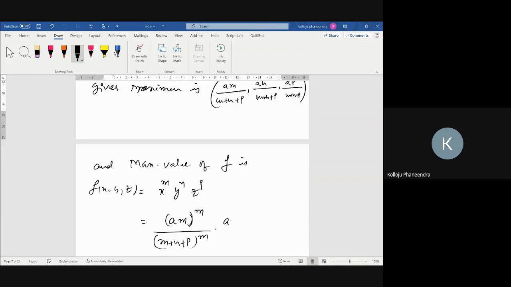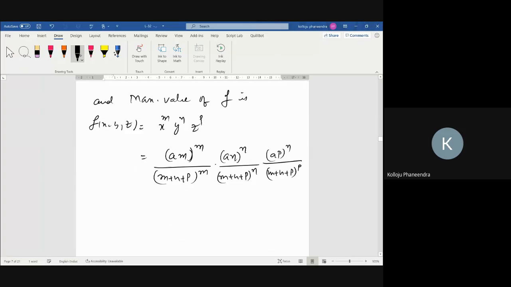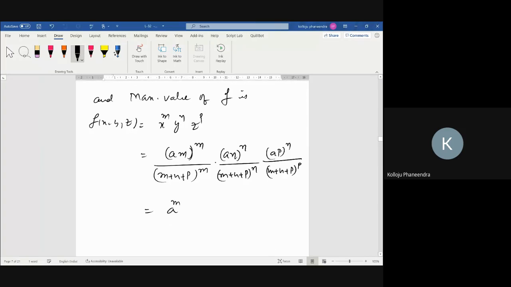And y value an whole power n by m plus n plus p whole power n. ap whole power p by m plus n plus p whole power p. So what is this completely? a to the power of m plus n plus p into m power m, n power n, p power p, whole by m plus n plus p whole power m plus n plus p. This is the maximum value.